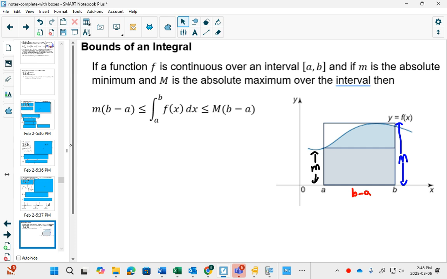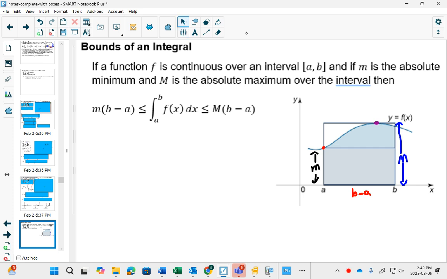Does it make sense that if you found your minimum value, which I've showed with a little m, the little m is this point right here, multiplied by the distance, that would be this small rectangle. That small rectangle guarantees will be smaller than the integral. And if I find my maximum value, which I'll put on here as purple, up to that maximum value would be capital M. Well, my area has to be less than the rectangle that goes up to the maximum.